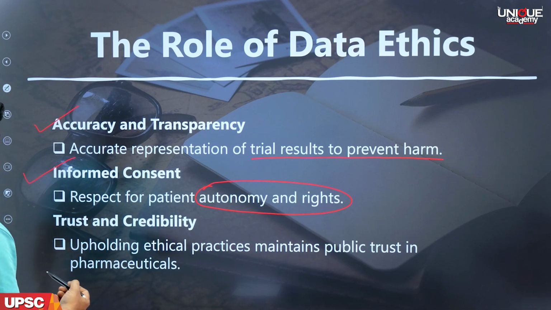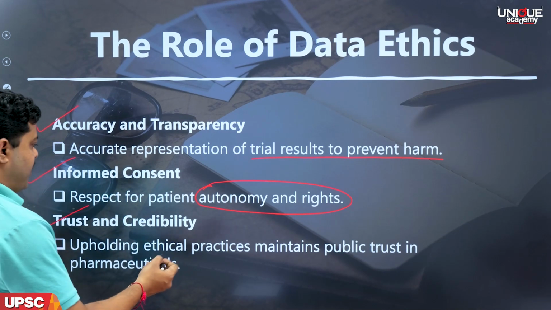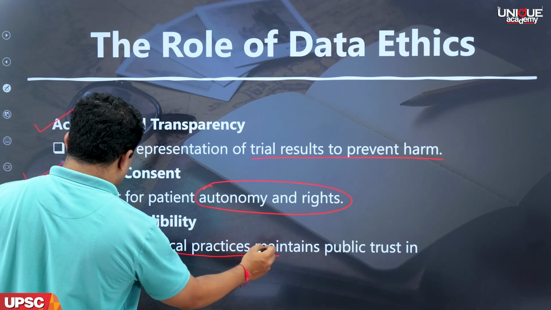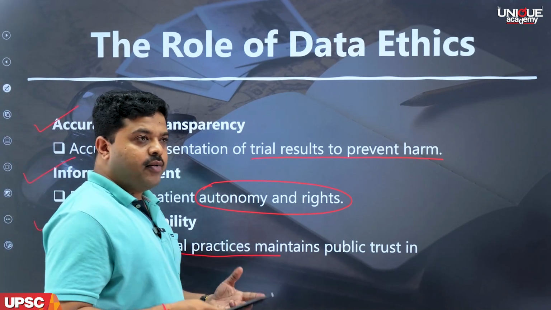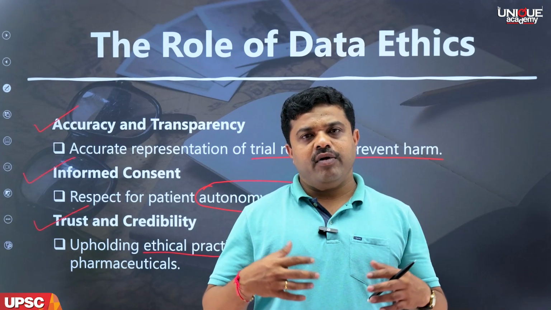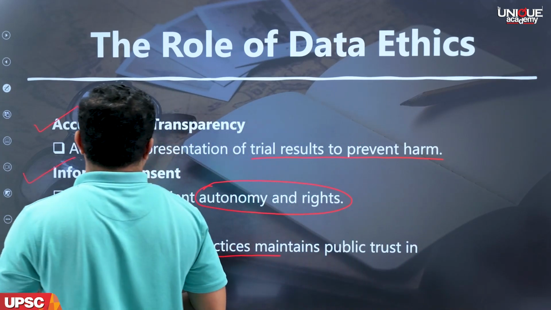So ये होना चाहिए. Then trust and credibility भी चाहिए. Okay. So ethical practices अगर आप use करोगे, it will build the trust in pharmaceutical company. It will bring credibility to your company. People will believe in your brand and they will blindly purchase your medicines. So ये भी होना चाहिए. Okay.